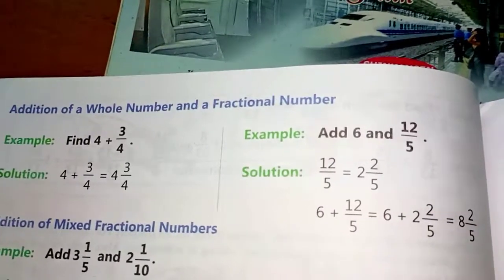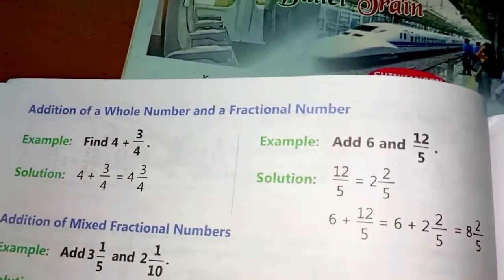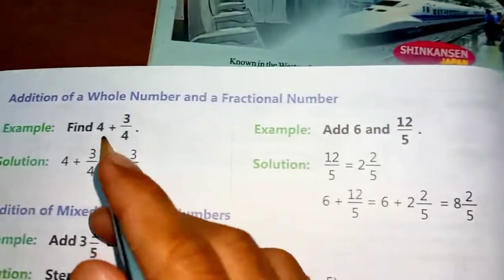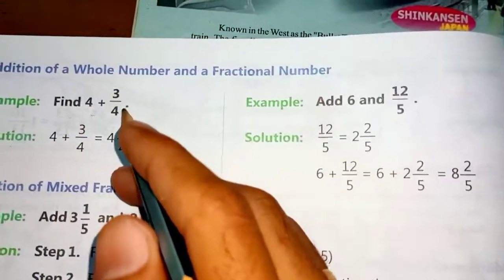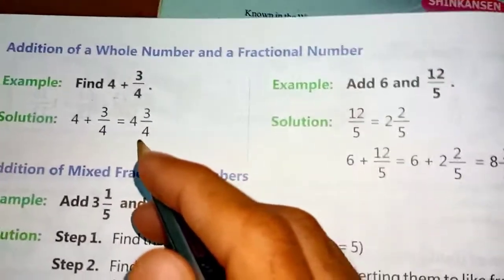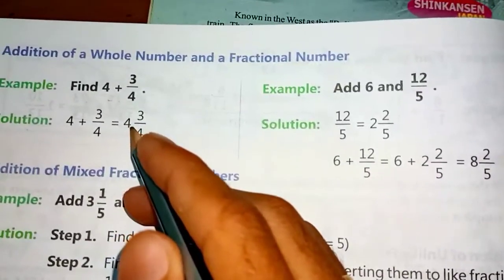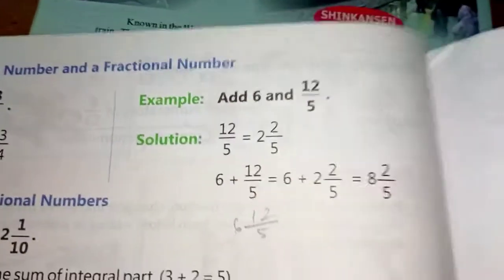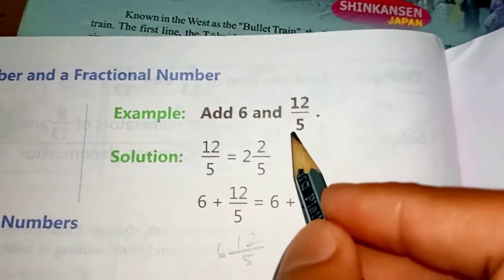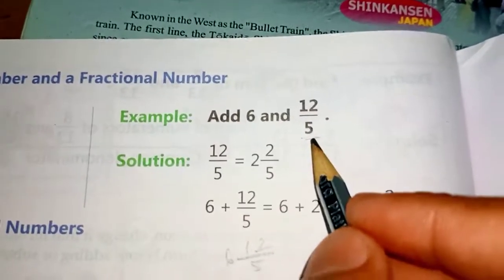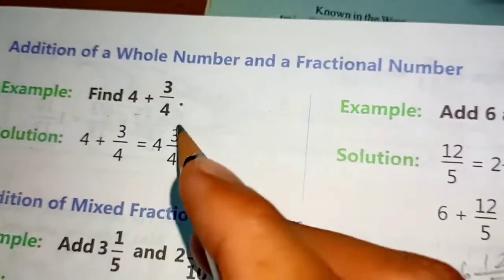Now addition of a whole number and a fractional number. For example, here it is given 4 plus 3 by 4. So we can directly write it as 4 and 3 by 4 because it is in addition form. Let's take one more example. Add 6 and 12 by 5. Here 12 by 5 is an improper fraction. If it is a proper fraction, we can write it directly, like 4 and 3 by 4.